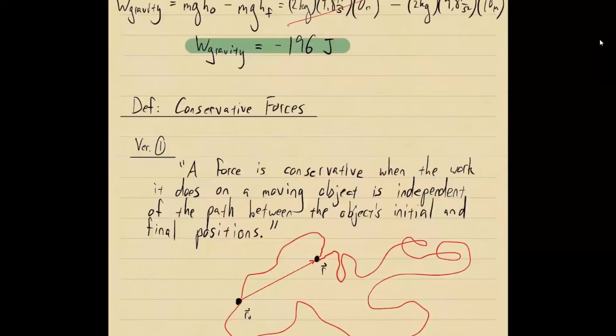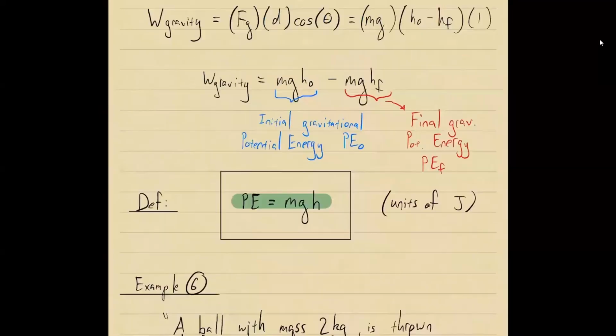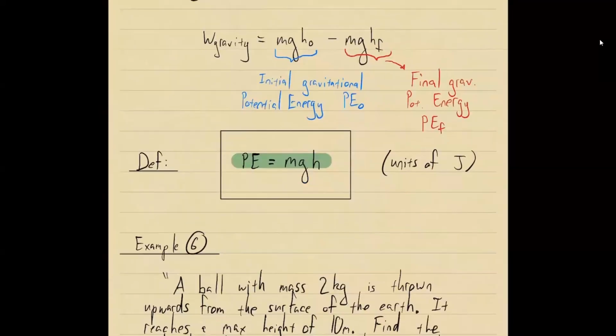Right, because if we look back at the definition for the work done by the gravitational force, according to one of the definitions for conservative forces, if the starting point and the ending point for our object are exactly the same, then the net work done by the force of gravity is 0. So that means this is a conservative force.